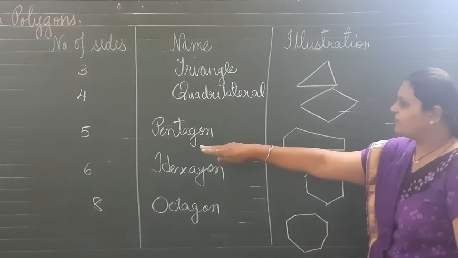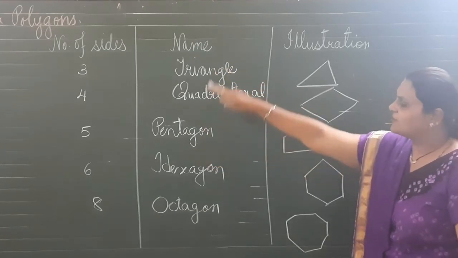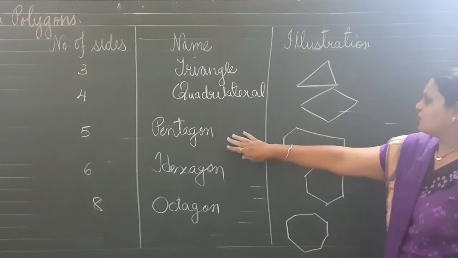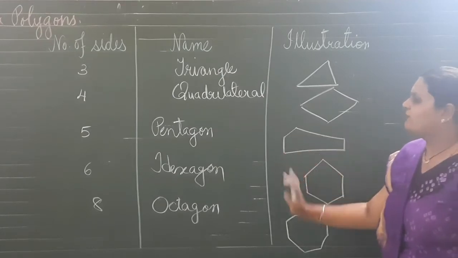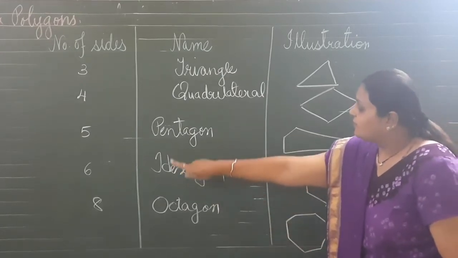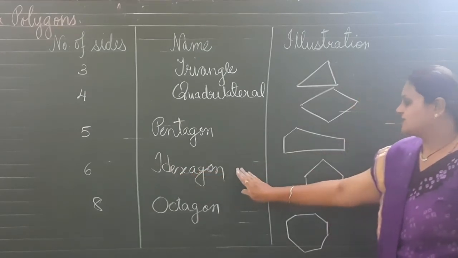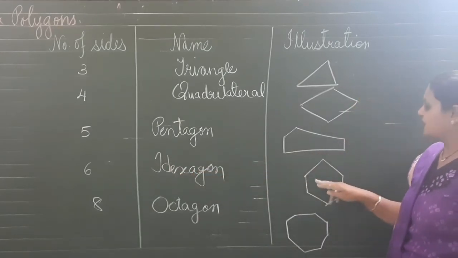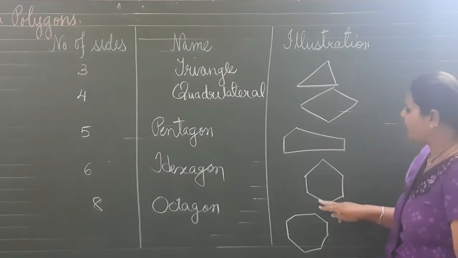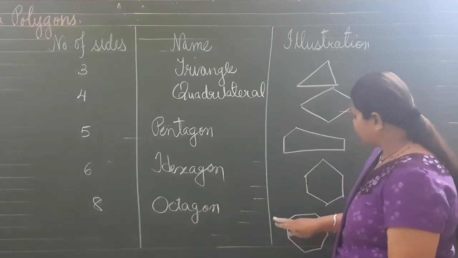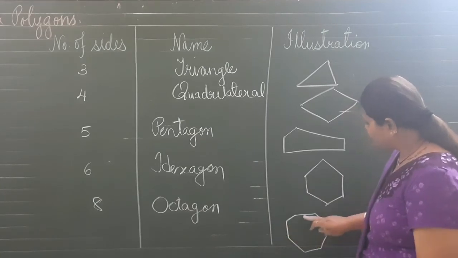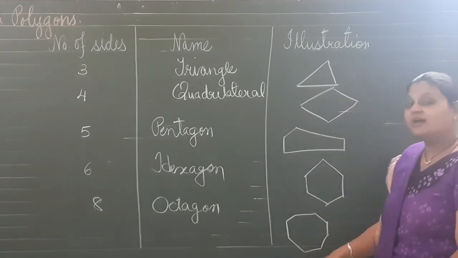Then number 5, number of sides are 5. Next is octagon. It is having 8 sides. 1, 2, 3, 4, 5, 6, 7 and 8.